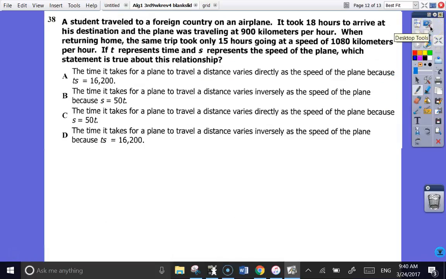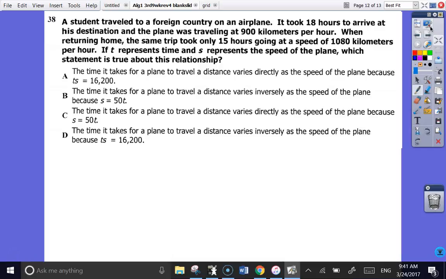Last slide. Okay, 38. So a student traveled to a foreign country on an airplane. It took 18 hours to arrive at its destination, and the plane was traveling 900 kilometers per hour. When returning home, the same trip only took 15 hours, going at a speed of 1080 kilometers per hour.